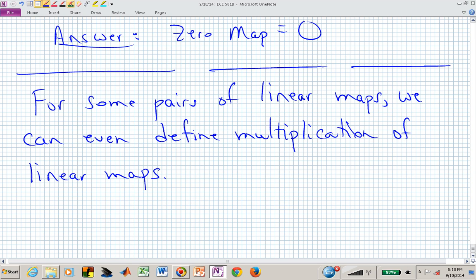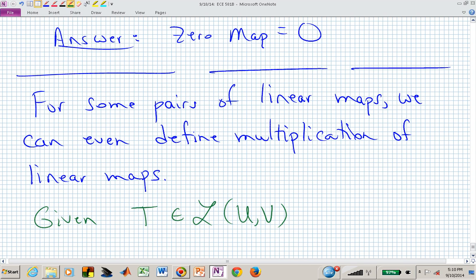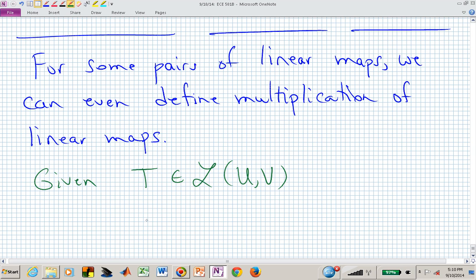What do I mean by that? Suppose that we're given two different linear maps. T that maps from U to V, and suppose that S is a linear map from V to W.